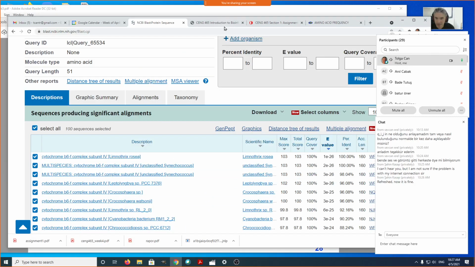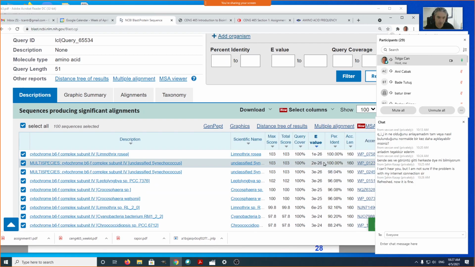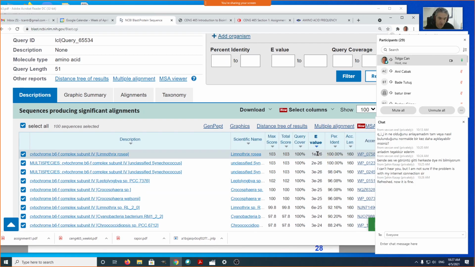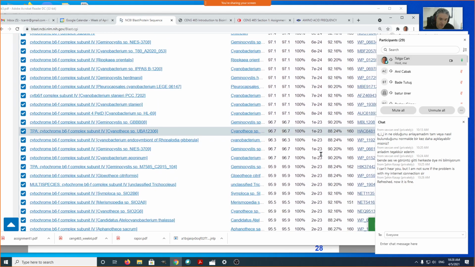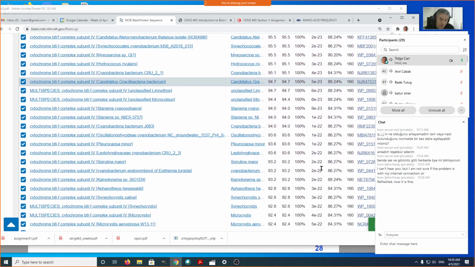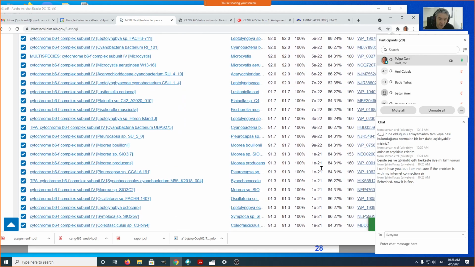The reason I did was to show you the different e-values, which are non-zero. Even with percent identities, we have non-zero e-values. The smaller the e-value, the more significant the alignment. And you see that all these statistical significance values are very close to zero. They are all significant alignments.